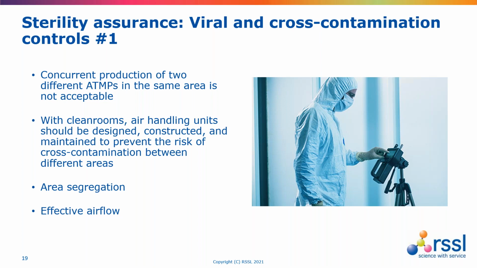So the airflow is from areas of higher cleanliness to adjacent less clean areas, apart from where negative pressure might be required for specific areas for reasons of containment. So for example, that could be around the replication of competent vectors or where pathogenic bacteria are used. And in these cases, the negative areas should be surrounded by positive pressure clean areas of the appropriate grade, so the contamination is kept within.